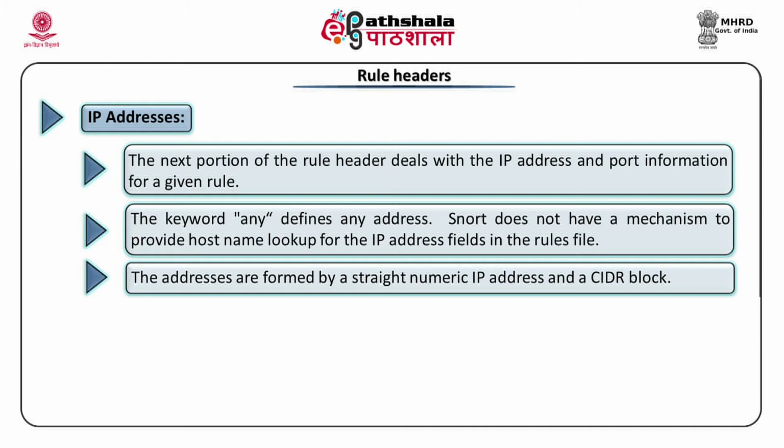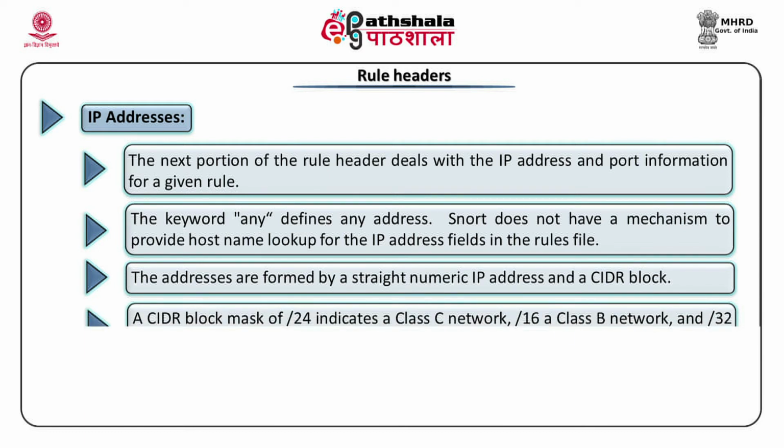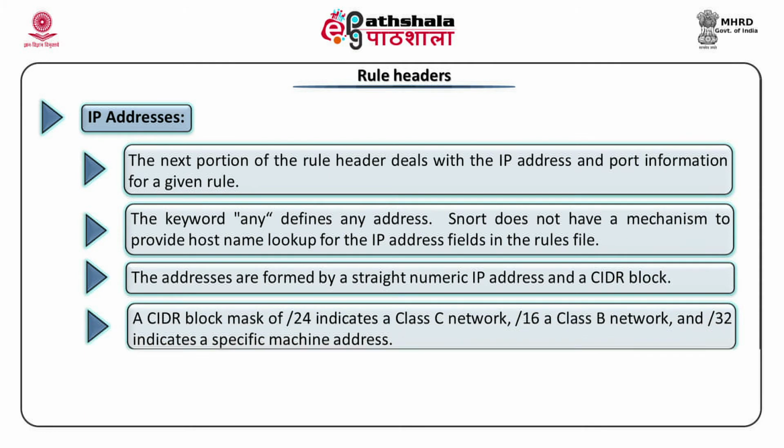The next portion of the rule header is the IP address. We have seen we wrote any, which may be used to define any address. Snort does not have any mechanism to provide host name lookup for the IP addresses, so we need to define IP addresses; we cannot define the host name. It takes a straight numeric IP address or a CIDR block.